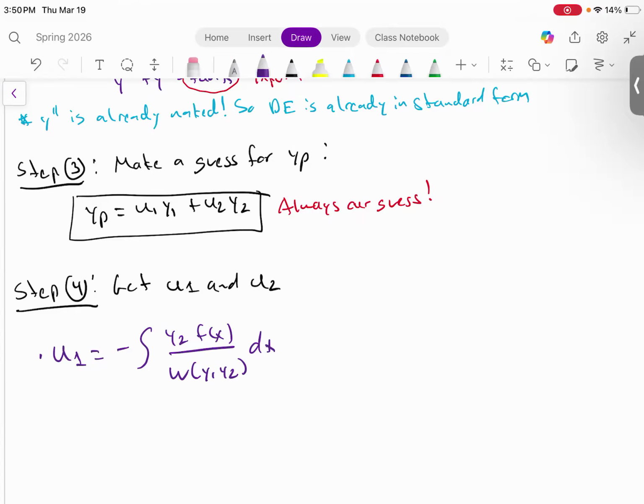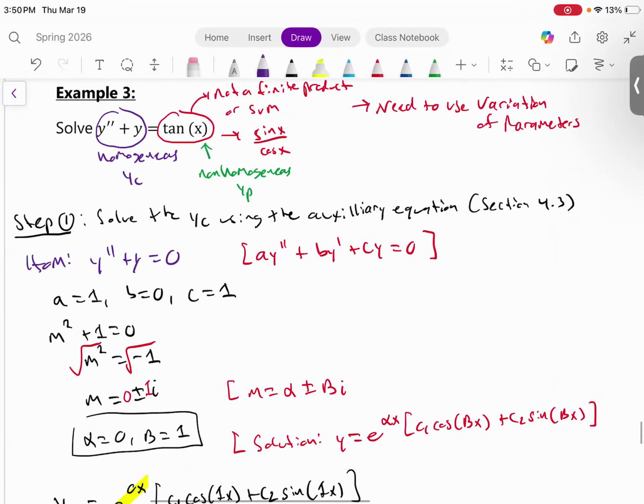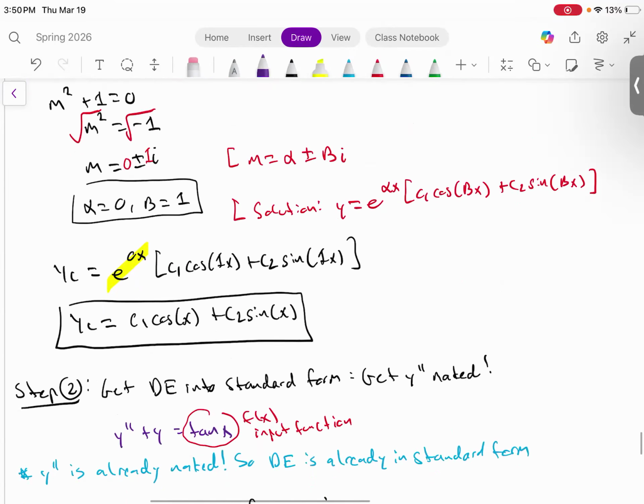So we have f of x, and we have y1 and y2, even though we didn't explicitly state what they were. We could say, note, y1 equals cosine x, y2 equals sine x.